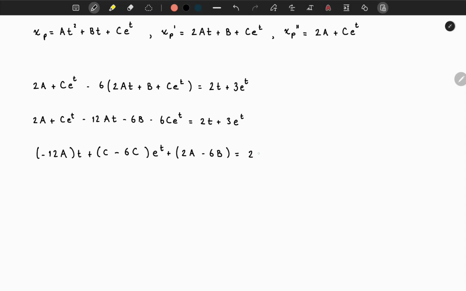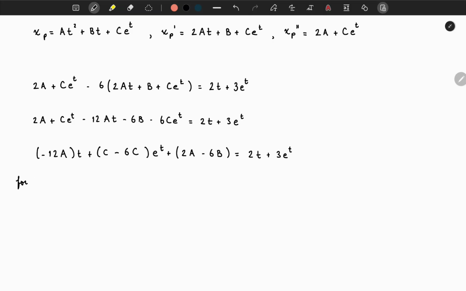And then we can write, of course, equal to 2t plus 3e to the power of t. Now we can set them equal to each other, the corresponding functions. So for example, we have 2t. Well, we can set that equal to whatever is in this bracket. So negative 12a.